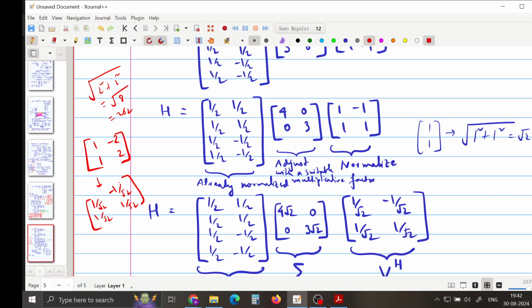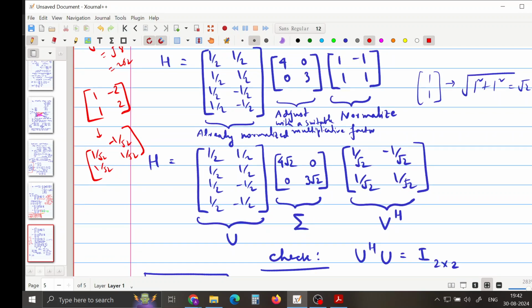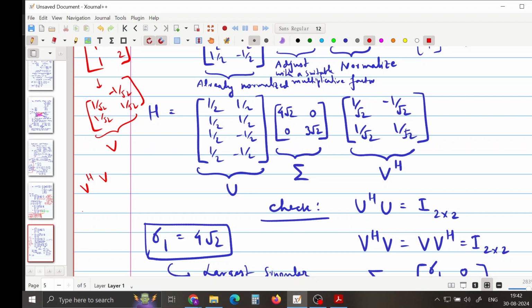If you normalize like that, now these two column vectors are clearly orthogonal, as well as having unit norms, so they are orthonormal. If I label this as some matrix, let's say V, then what is V Hermitian V? Let's check. V Hermitian V is 1 by root 2, minus 1 by root 2, 1 by root 2, minus 1 by root 2, right?